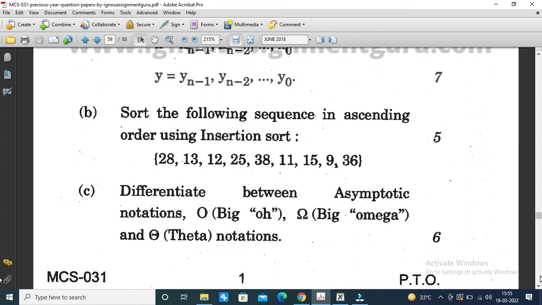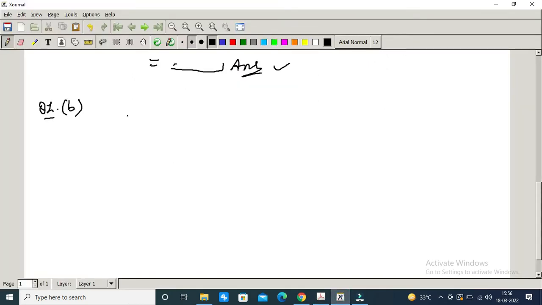So in this they have given 28, 13, 12, 25, 38, 11, 15, 9, 36, and they are going to ask that using the insertion sort technique you have to sort these numbers. I am explaining each and every step of this question.